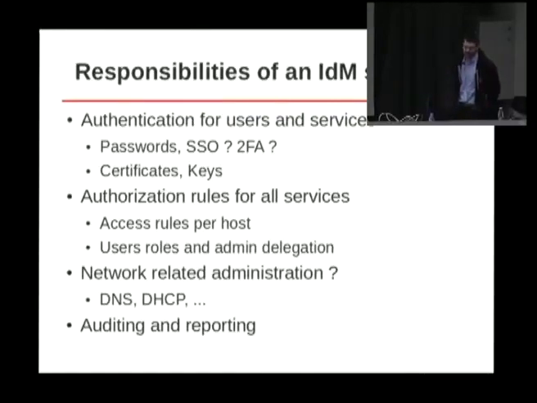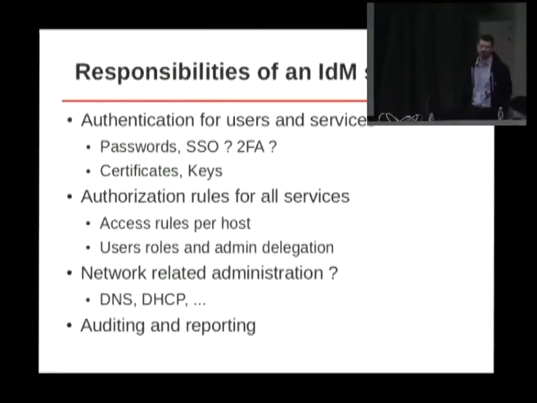And other things that are normally not really associated with identity management, but I think deserve a place in there, are the network level, DNS, DHCP, and other things like maybe RADIUS. Finally, auditing and reporting. I will not talk too much about those.